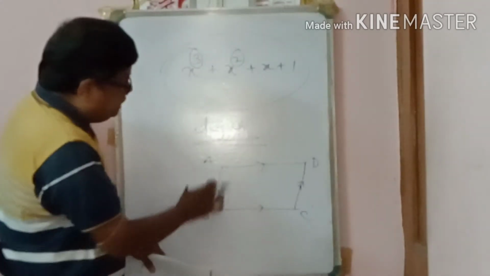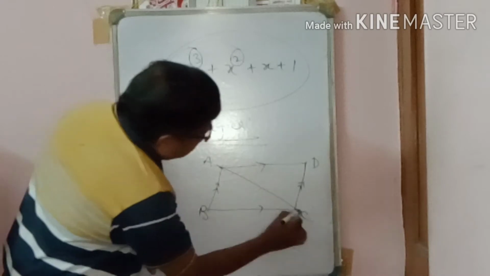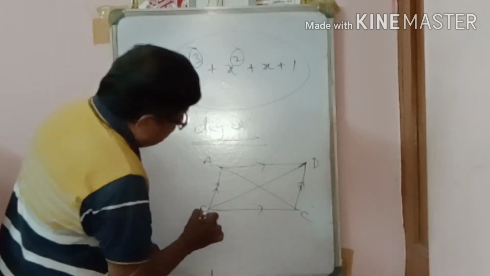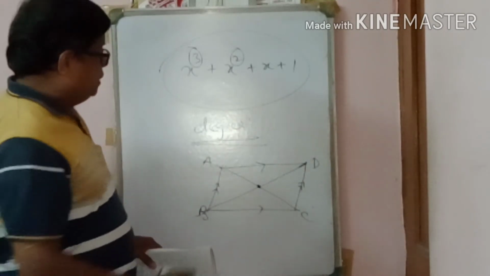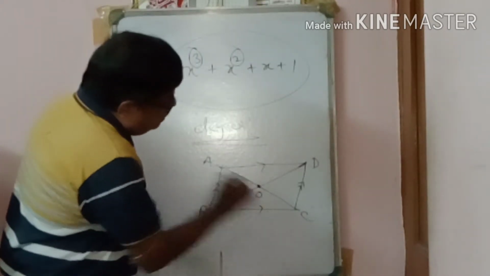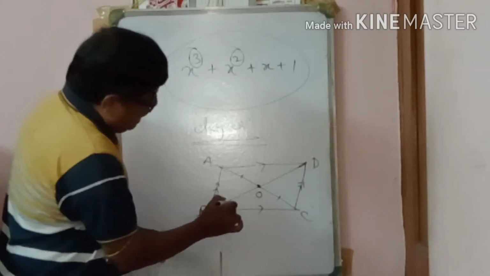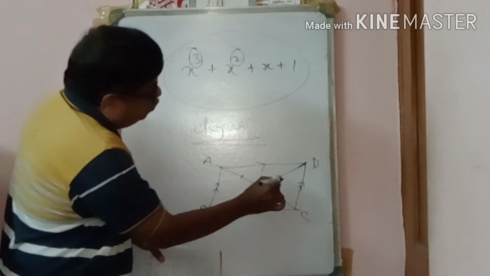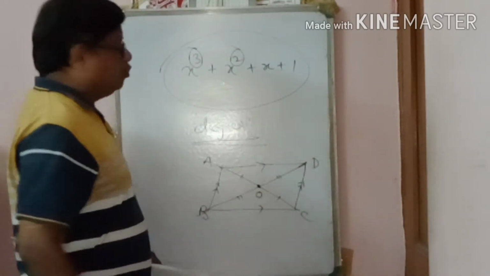If we join the two diagonals, they bisect each other. If the intersection is O, then OC equals OA and OD equals OB.